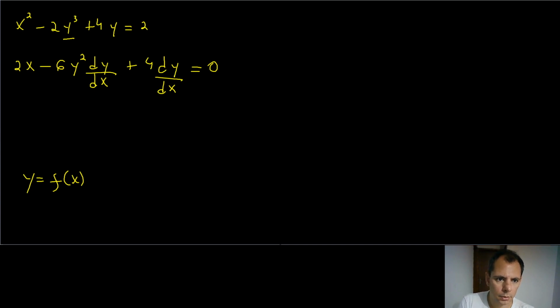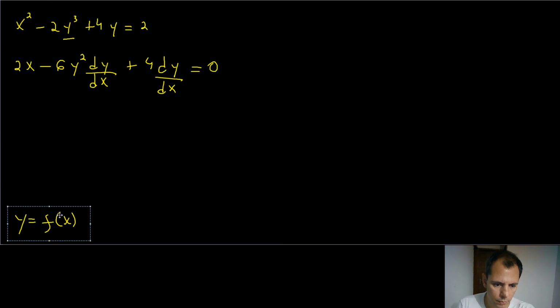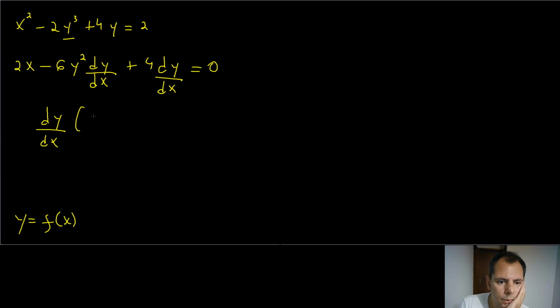So dy/dx times (minus 6y squared plus 4) equals minus 2x.